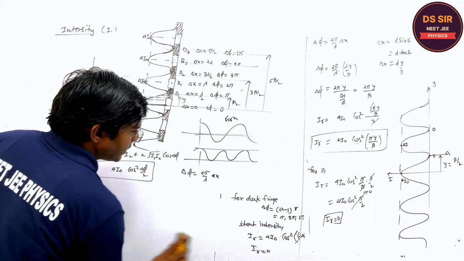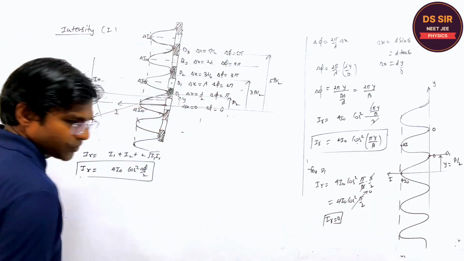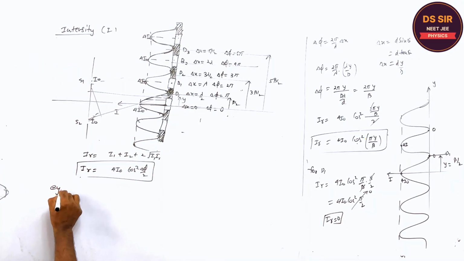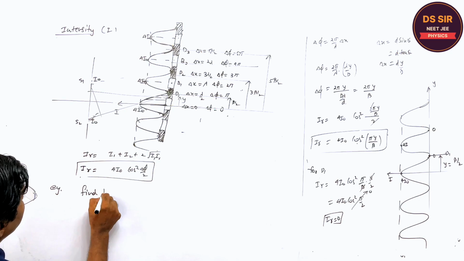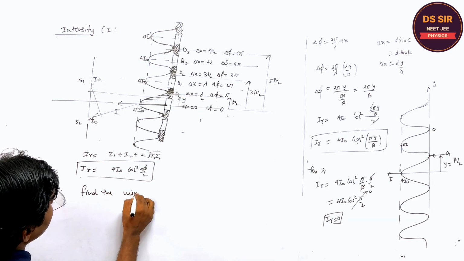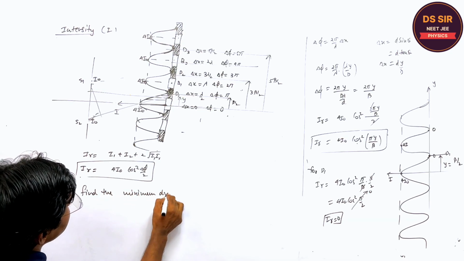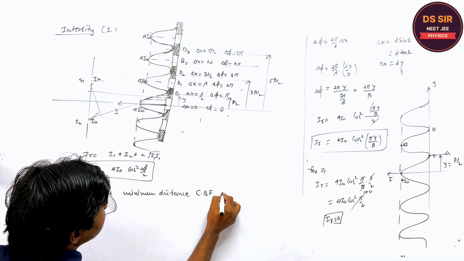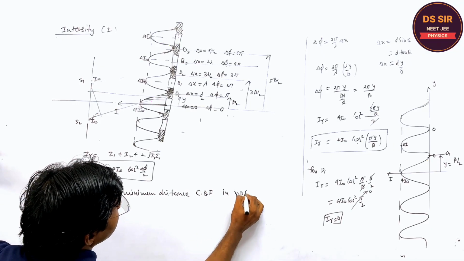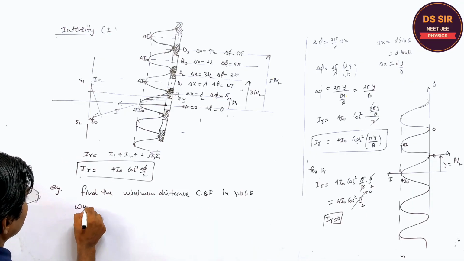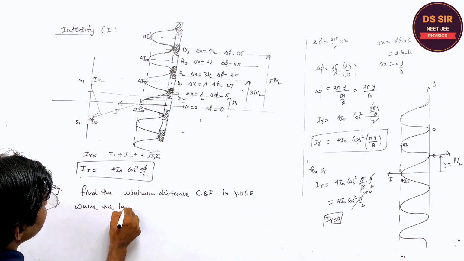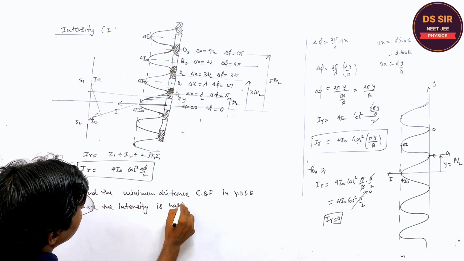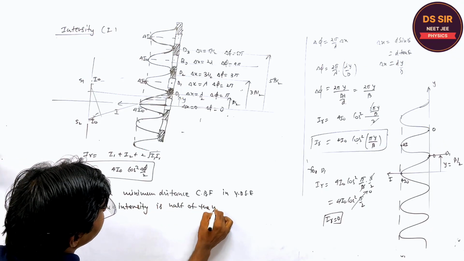For example, listen one thing. Find the minimum distance from the central bright fringe in YDSE where the intensity is half of the maximum intensity.